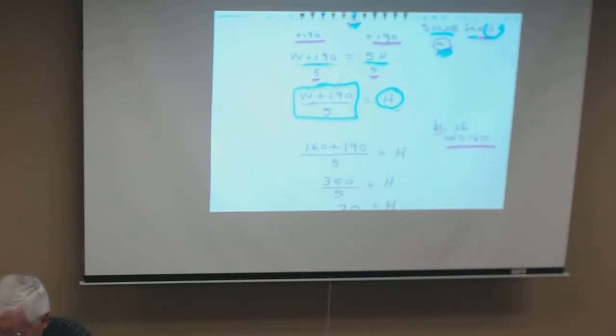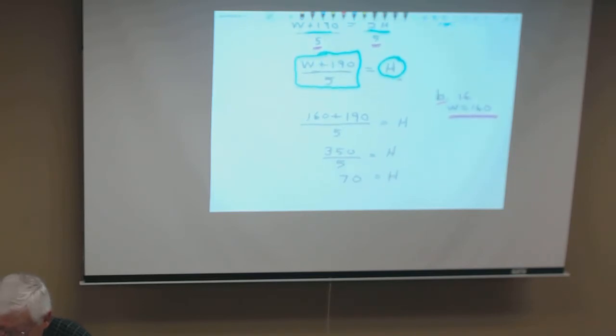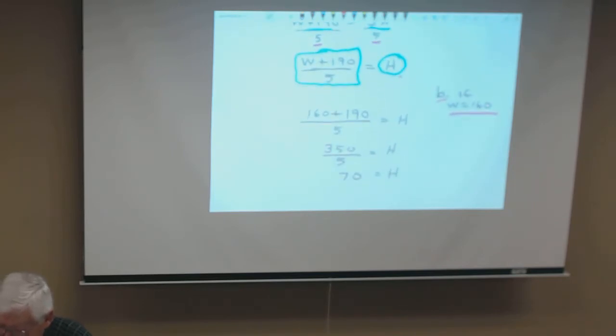Now b says, if you weigh 160 pounds, what should your height be? I don't think I like this problem. I'm thinking how much I weigh. $220 plus 190, divide by 5.